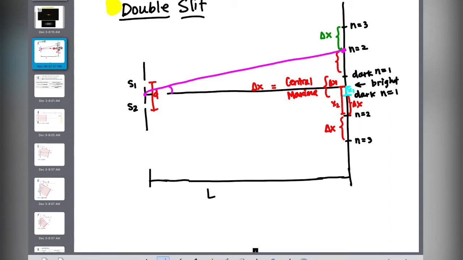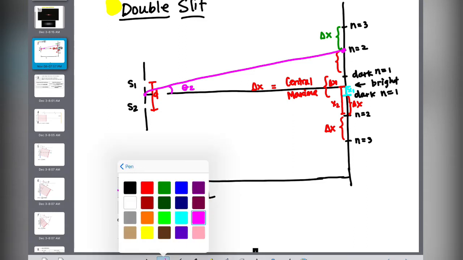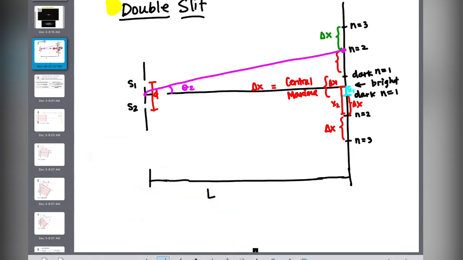This line makes angle theta 2 because it's connecting to the second line. The angle represents the center line to the line that connects to the nodal line. If I connect the first dot, n equals 1, then from the center point to that point, that is theta 1. So those are the wordings.